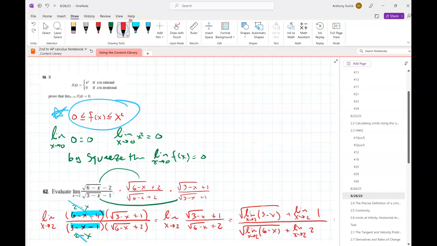It's still going to look really bouncy, and in fact, because it's not continuous, as far as a proof goes, it's not great.